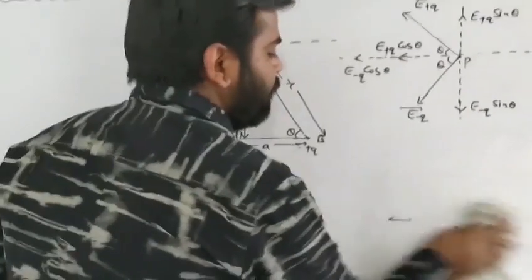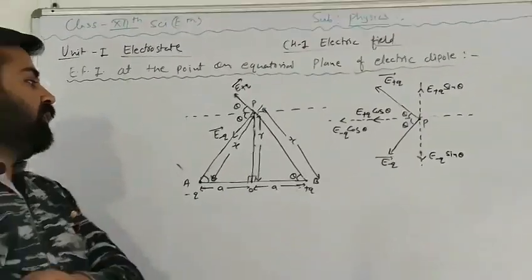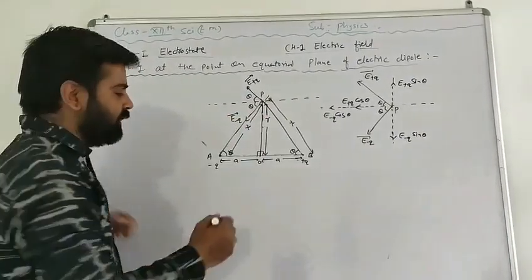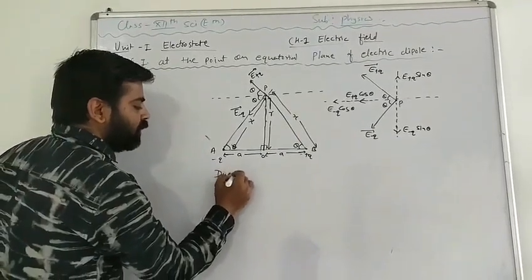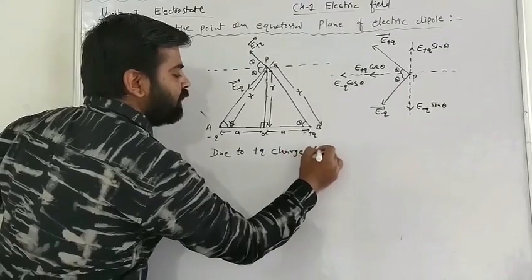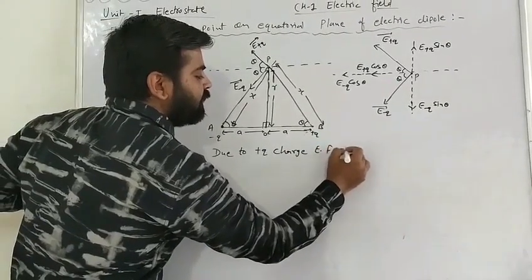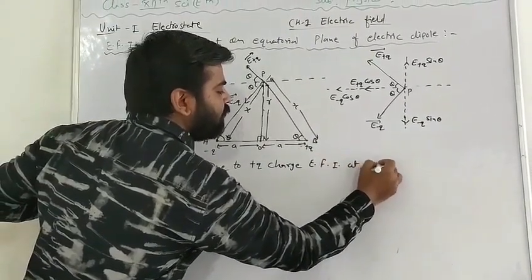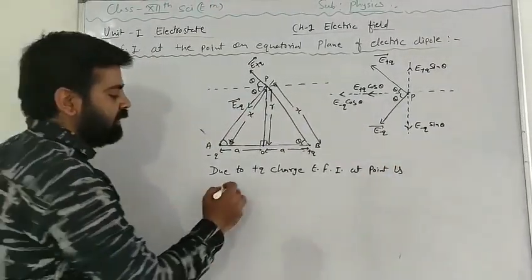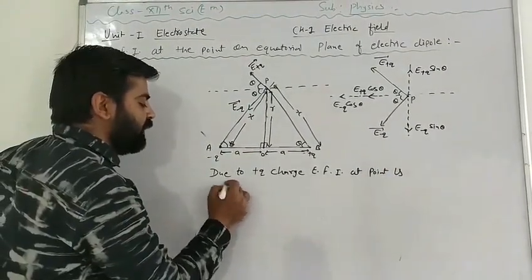Now we find the magnitude of electric field intensity at P point due to plus q charge and minus q charge. Due to plus q charge, the electric field intensity at P point is given as E plus q vector.